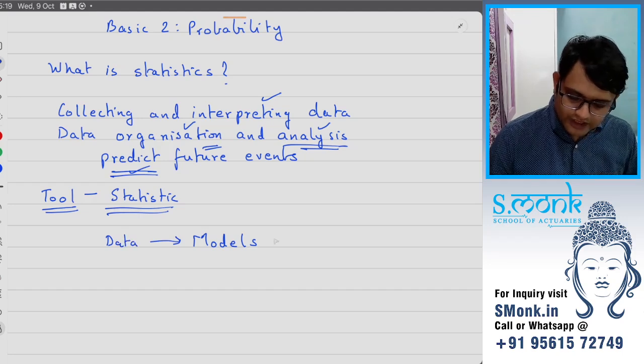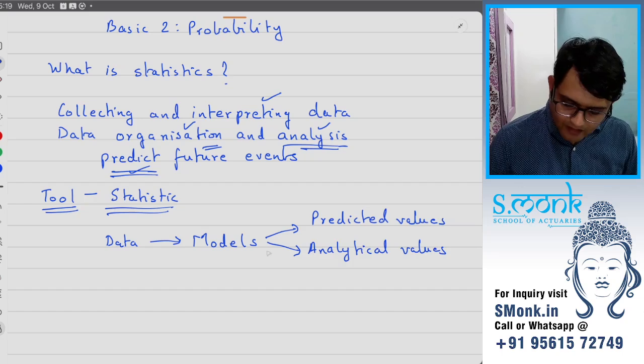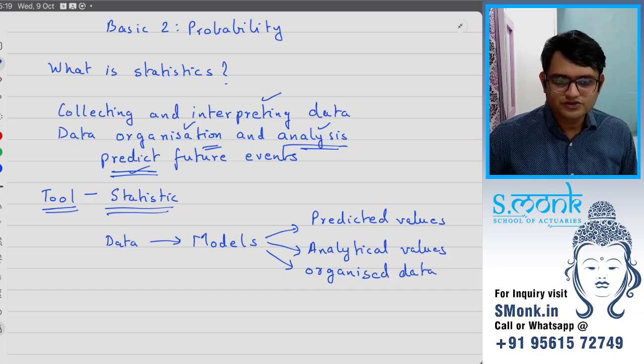So you input data and you get output of either predicted values or analytical values or maybe organized data, whatever. These all could be your outputs. Okay. So model is working like a machine.